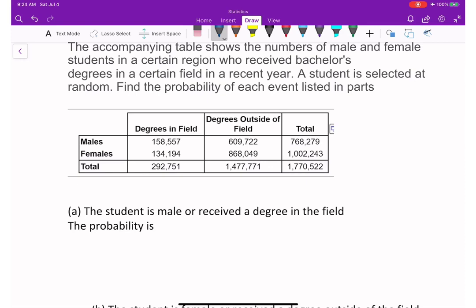So the student is male, received a degree in the field, and "or". So what's the probability of male here? Male or degree, right? Probability of male, since we have "or", probability of degree in the field.